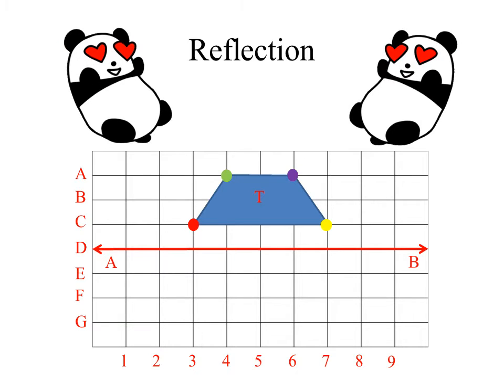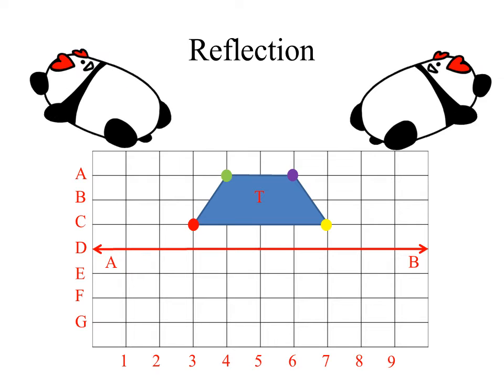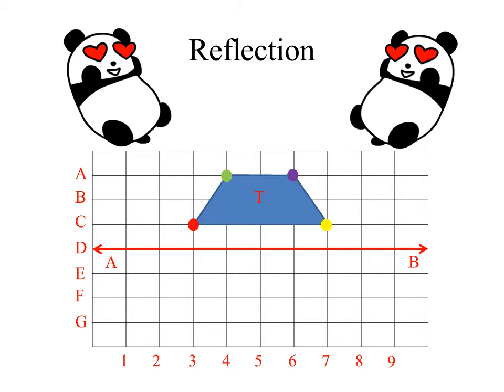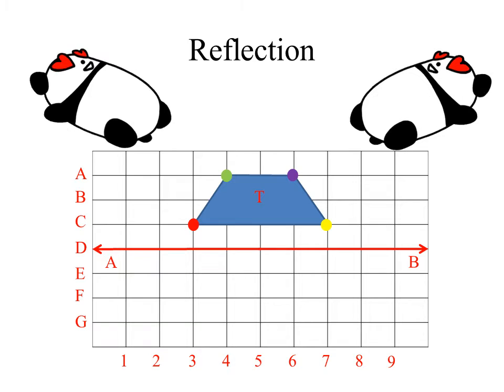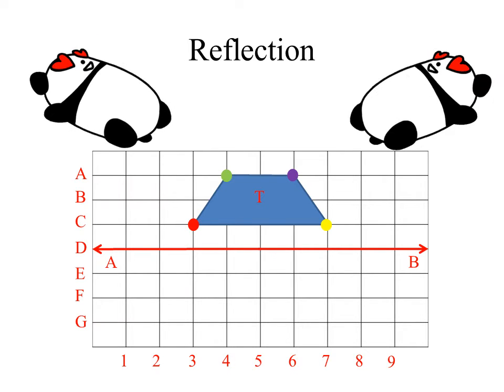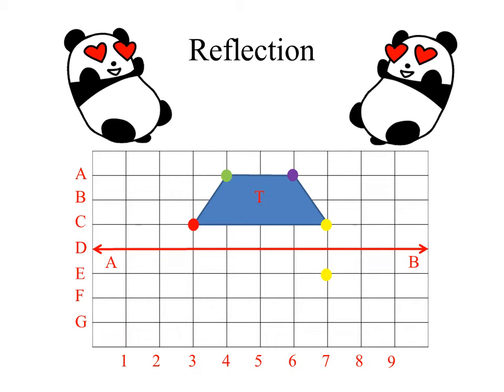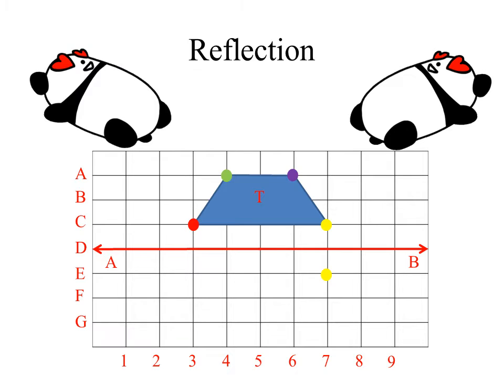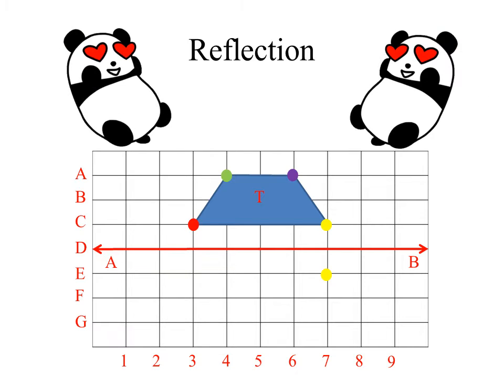Let's look at the yellow point. Where is that going to fall? If you said E7, you would be correct. It is moving just 1 unit to our axis of reflection and 1 unit beyond.